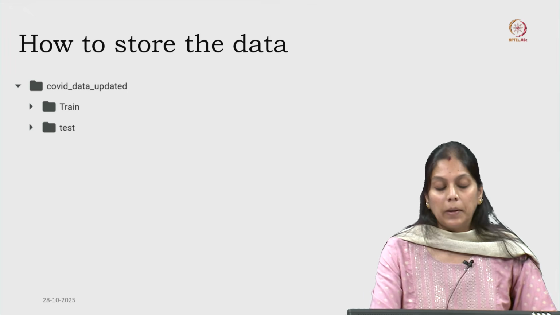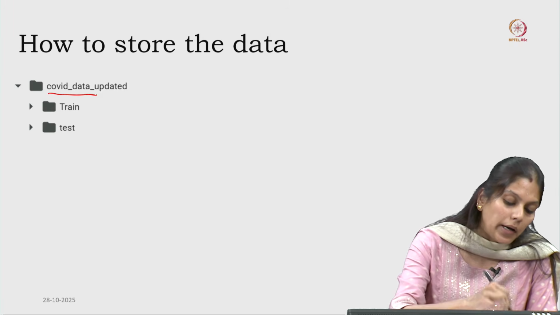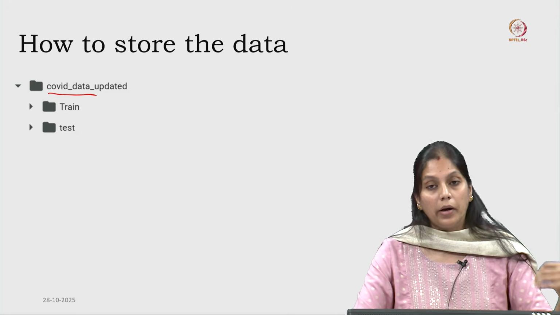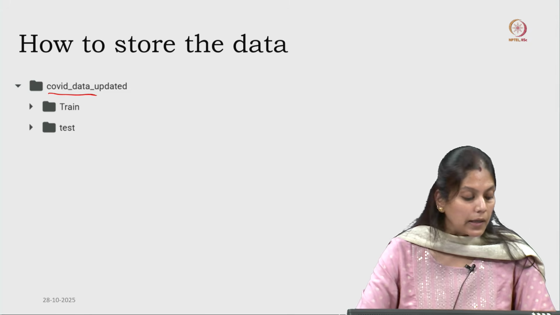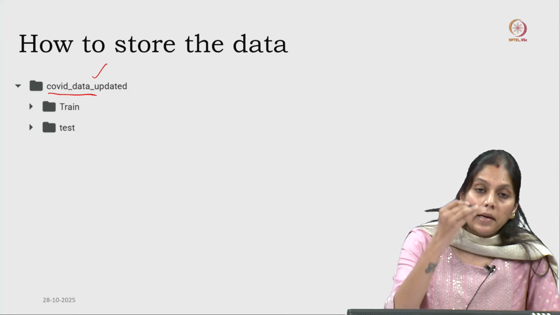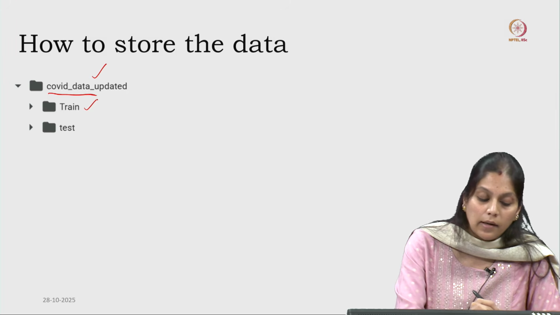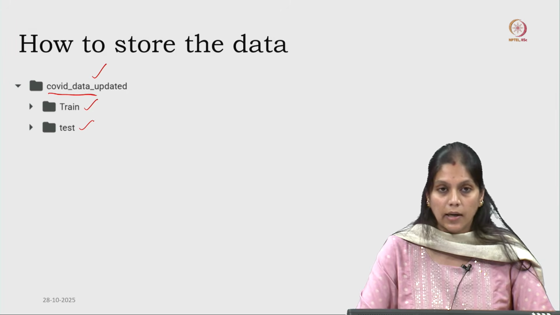So here, for example, you are working on COVID data and you have training data and then testing data. Create one folder called COVID and then inside that create subfolders: the first subfolder is train, the second subfolder is test.